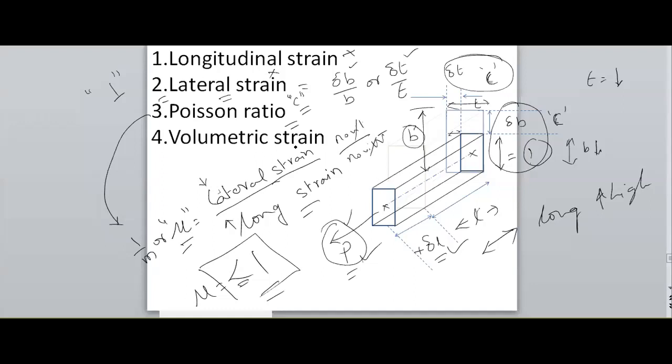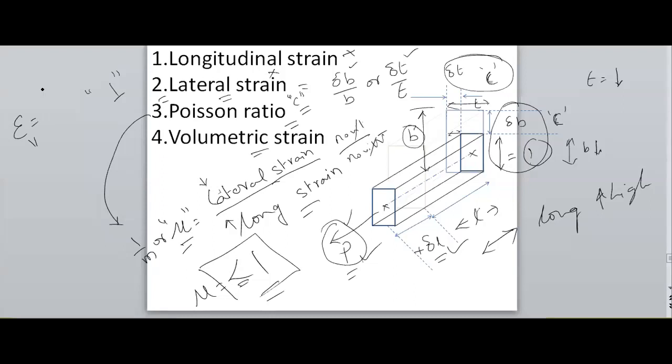Next one is the volumetric strain. We have studied the definition of volumetric strain. It is represented by small e suffix v.